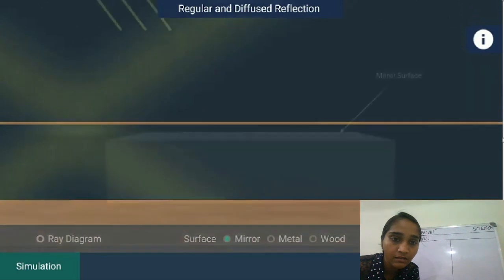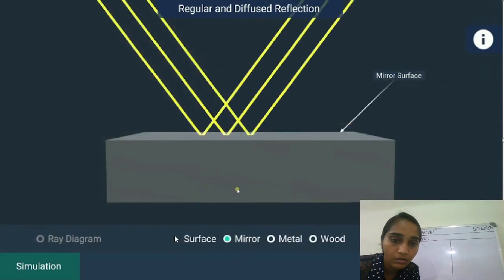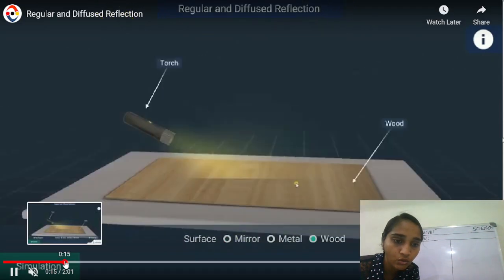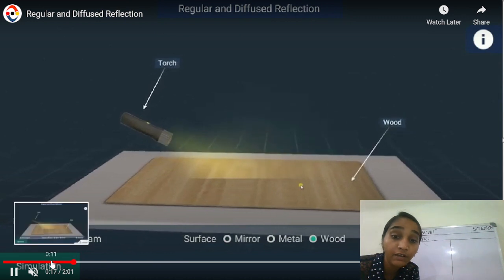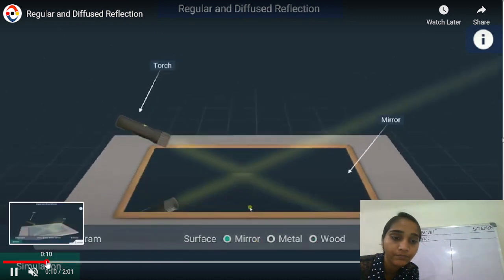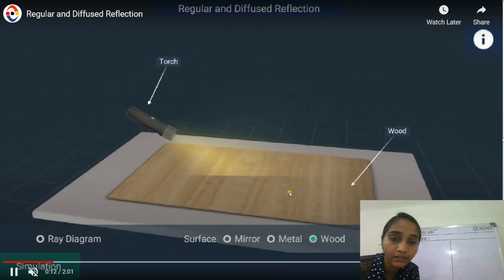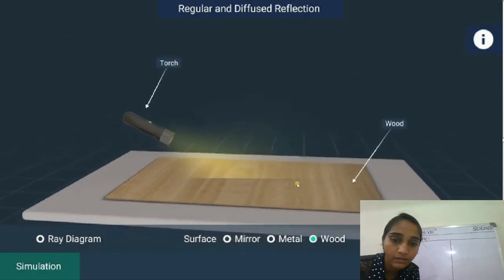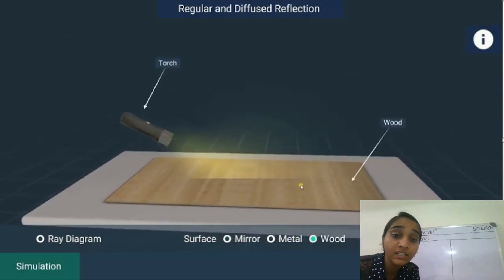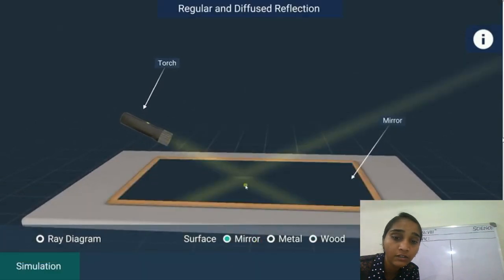Now let us see in the case of wood also. Once again I will show you: if we take a wood, just see what is happening. This is the wood, and see the torch light going on that wood.